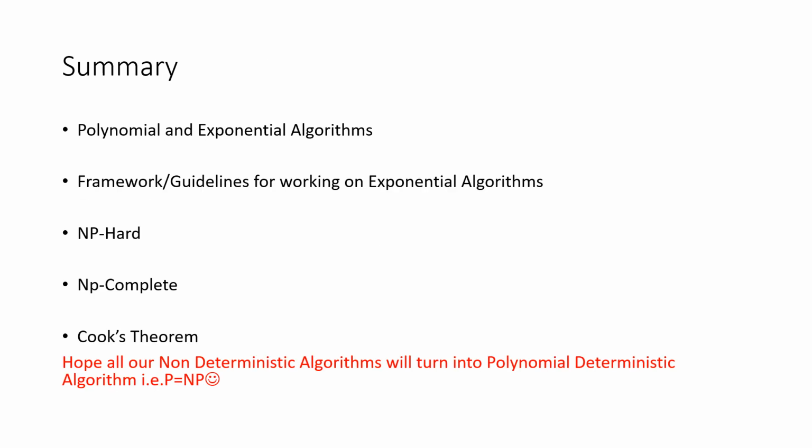So in the last slide, we are going to provide a summary of all the previous topics which we have discussed. Basically, we know in DAA we have two types of algorithms, that is, polynomial algorithms and exponential time based algorithms. And NP hard and NP complete provide a guideline or framework for working on all exponential algorithms so that they can be converted to polynomial time algorithms.